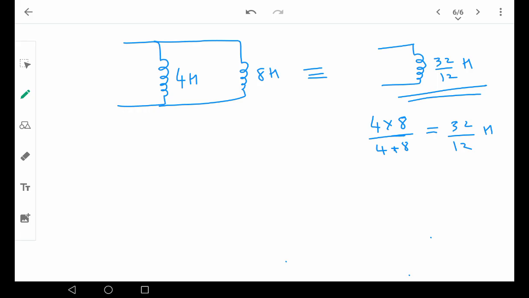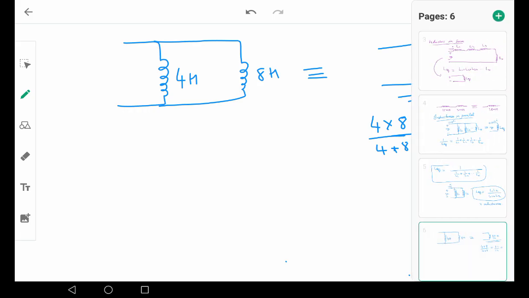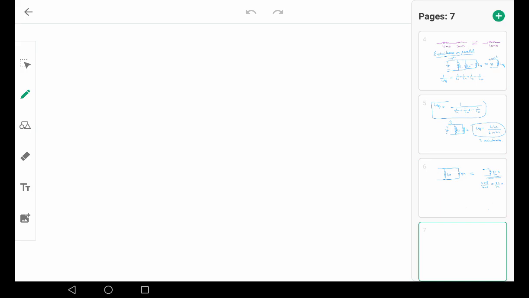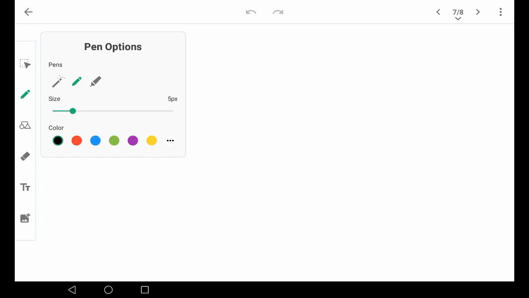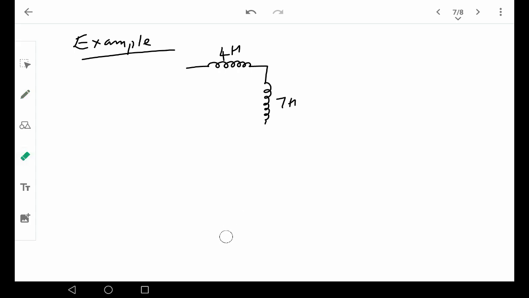Now we will do a bit more complicated problem. Example we will do. You have many inductances like this. There's a 4 Henry here. There is a 7 Henry here. This is 7 Henry. Then you have 8 Henry here.